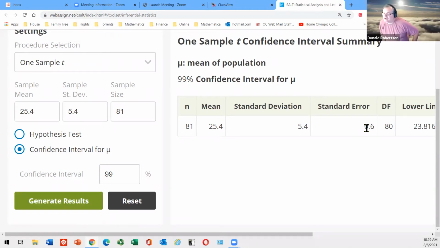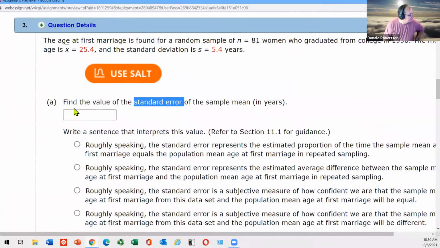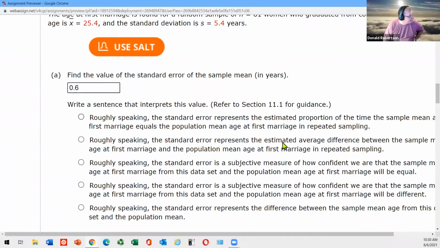The standard error does not change. It's a fixed number like X bar, right? The sample mean is fixed, right? It doesn't change if you choose to do a different confidence interval. So that was kind of interesting. So we would be putting in here, I think it was 0.6, 0.6.